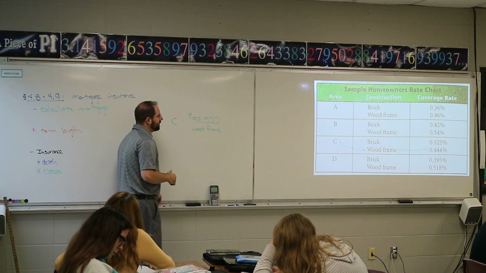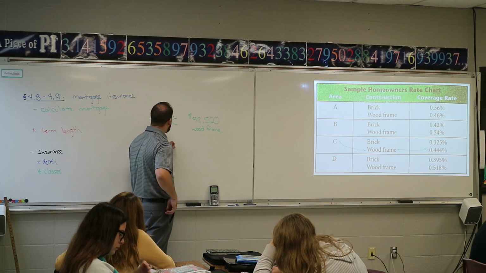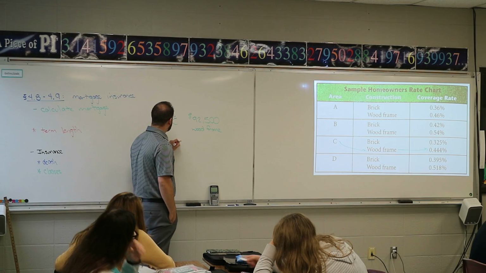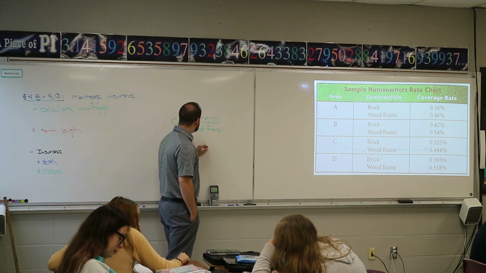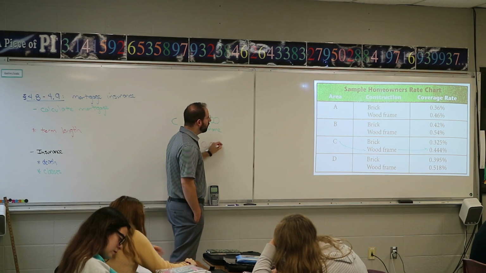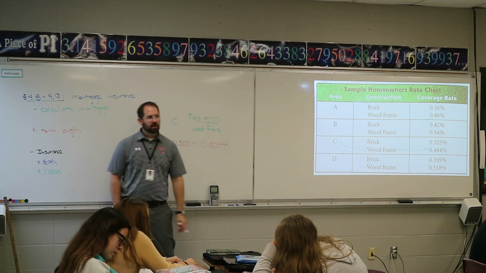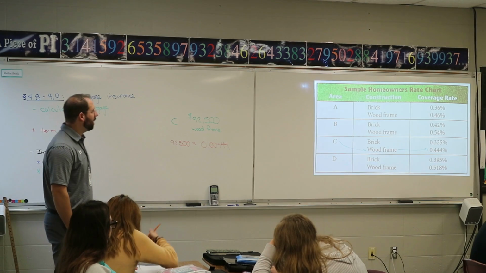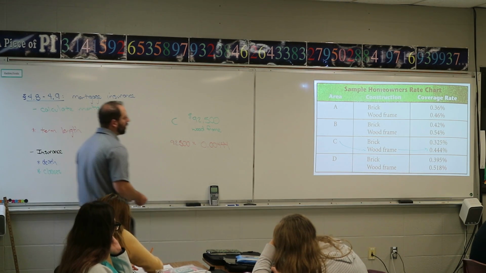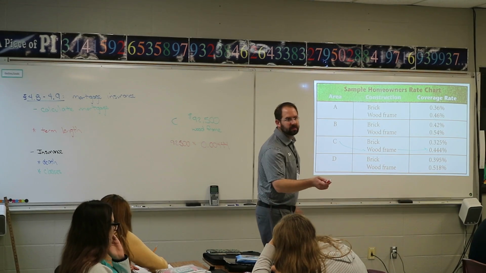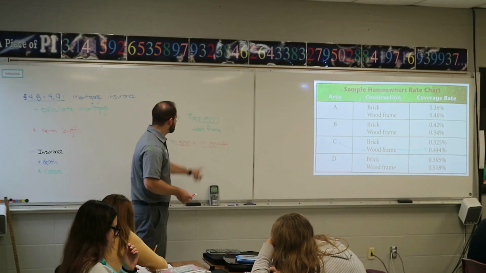So the idea is this is what the policy would be. You take the $92,500 and you take it times that percent. That percent is 0.00444, almost a half of a percent. It's not very high, because remember, whatever your percent is, you have to move the decimal over 2 spots, so it's even smaller.